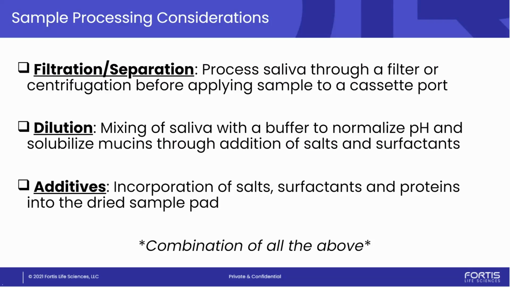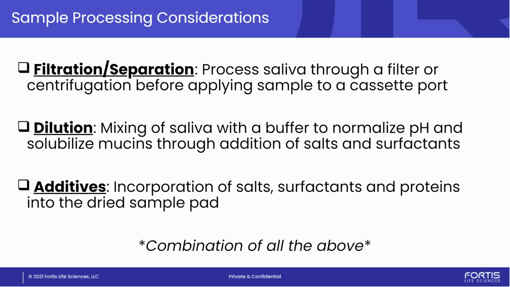And if you look at some of the over-the-counter options from the Oasises of the world, you'll see that they have almost like syringes and plungers that you can collect saliva with. You have a saliva swab that goes into the mouth, that you put into what looks like a syringe, and it goes through another filter before it's dispensed. That's the level of filtration possible before it even touches the cassette.